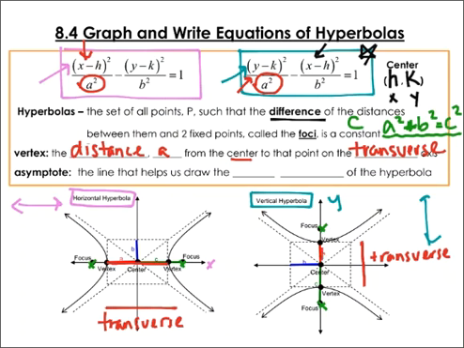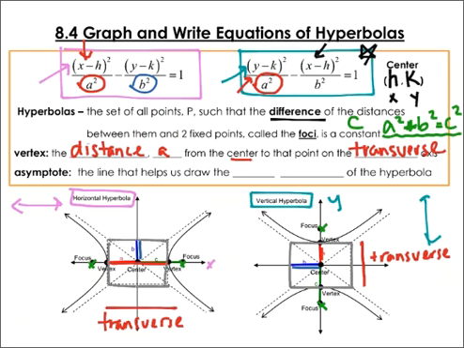B is the distance from the center in the opposite direction. And we'll talk about this because you see a rectangle forming, the rectangle right here is what's going to help us find our, my favorite word in the world, asymptotes.